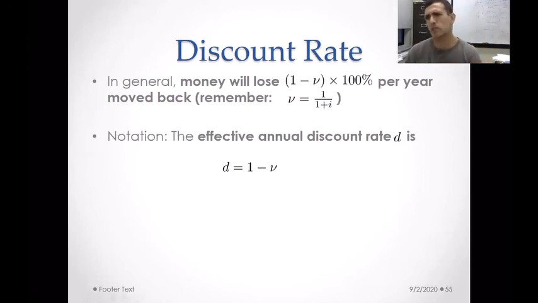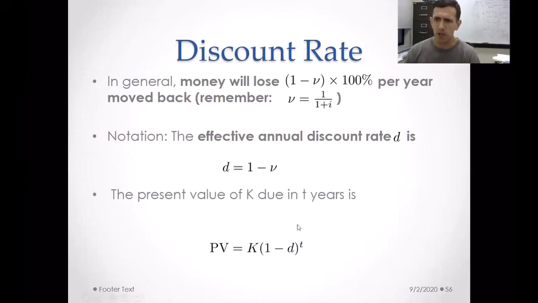And this is as a percentage. So to denote this, we define our discount rate as d is 1 minus your present value factor. And again, just as I said here, as a percentage, that's exactly how much you will lose per year moved back when you're taking present value, when you're discounting money.